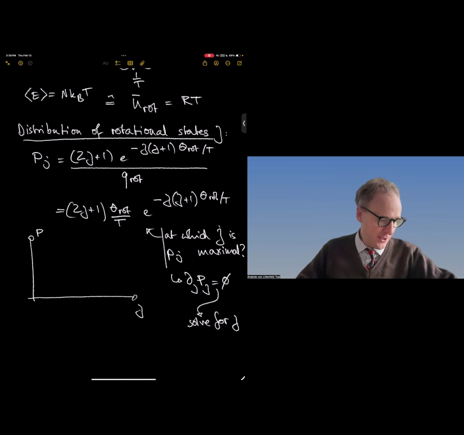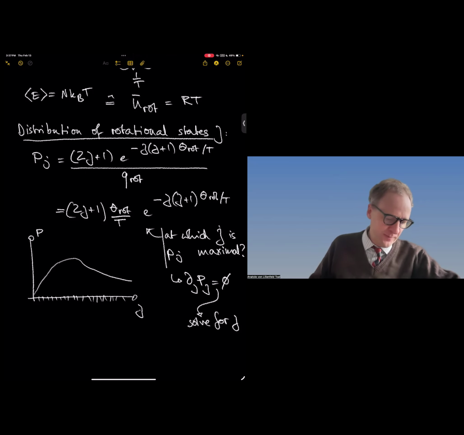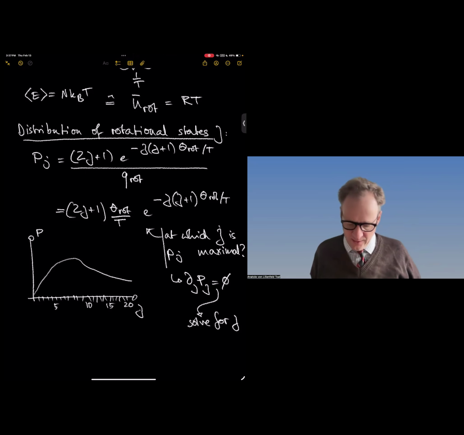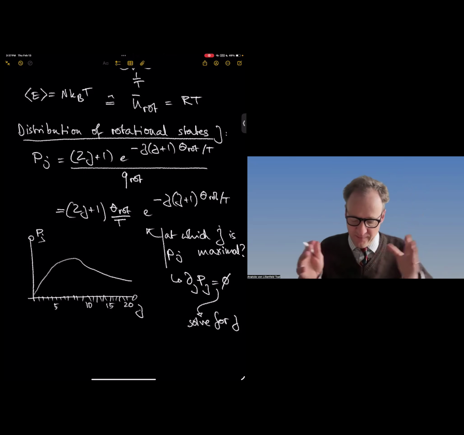You can find a J and then you could jump to the next integer J. But what you should find then is a function which looks something like this, where your maximum at room temperature is between 5 and 10.